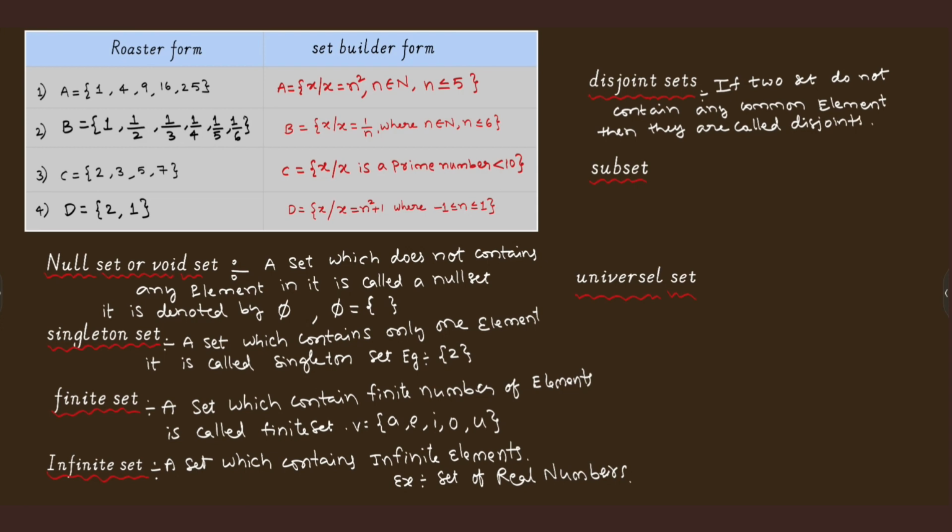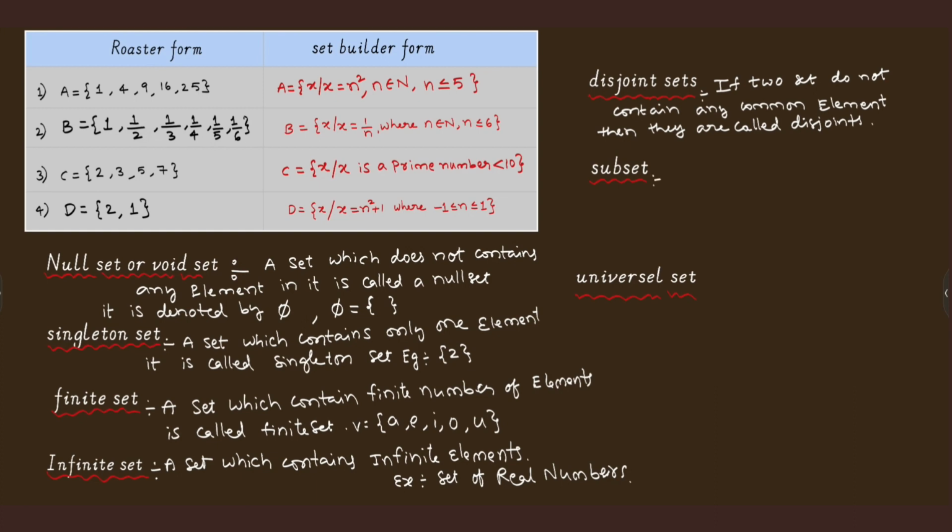Examples: even numbers and odd numbers, prime numbers and composite numbers. They are disjoint sets, because if it is even, it is not odd. If it is prime, then it is not composite. Irrational and rational numbers, these all are disjoint sets which do not have any common elements.